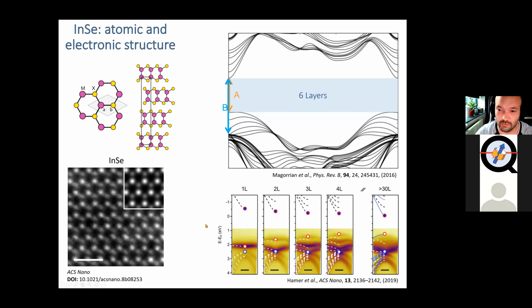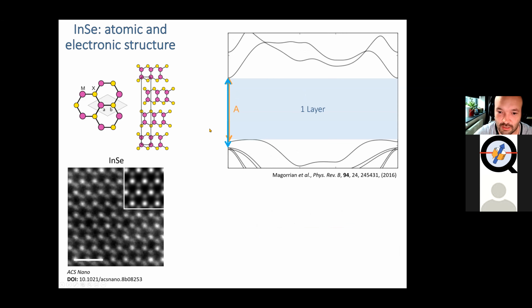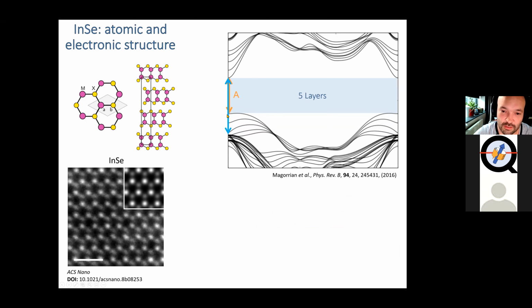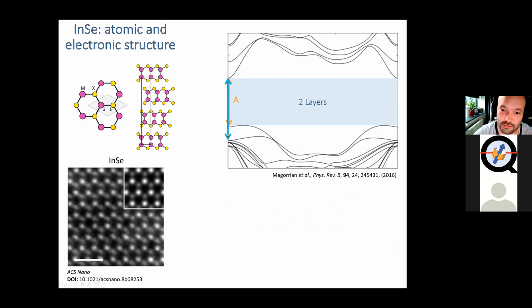We'll get to that too, in a minute. But what's interesting about this material is this Mexican hat-shaped valence band. So you can see here that it has this very low density, very high effective mass, high density of states, and then it flattens out at about 4 or 5 layers.